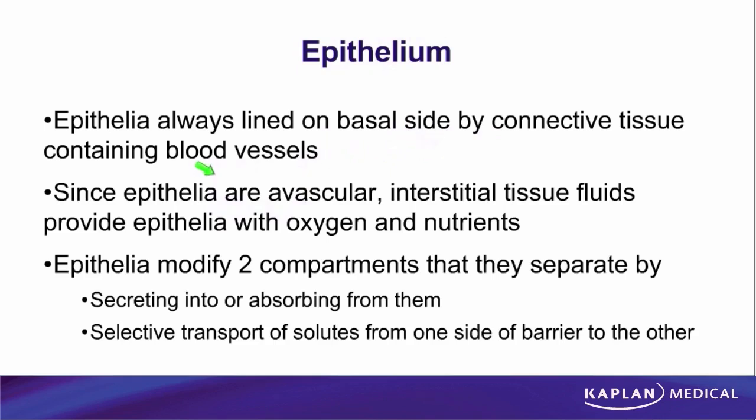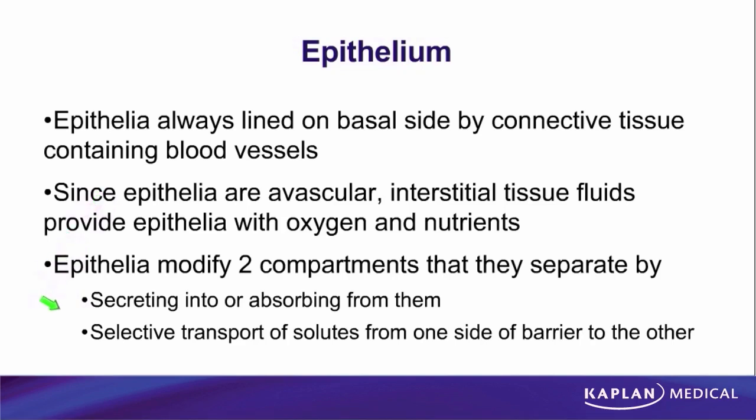And those blood vessels are necessary for the support of the epithelium. Okay? And therefore, those epithelial cells are separating the blood vessels on one side, the connective tissue layer, from the lumen on the other side. So the epithelial cells have the ability to modify both of those compartments, in other words, the connective tissue compartment and the luminal compartment.